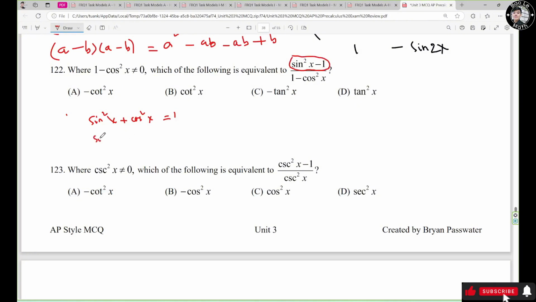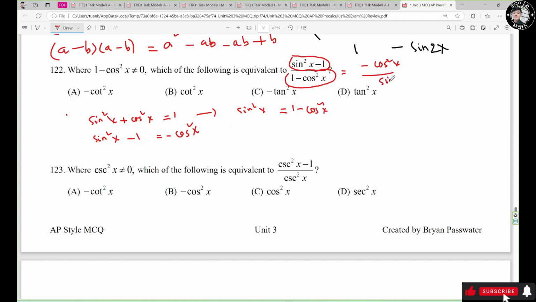So I have sine squared of s minus 1 equals negative cosine squared of s. So this turns out to be negative cosine squared of s.